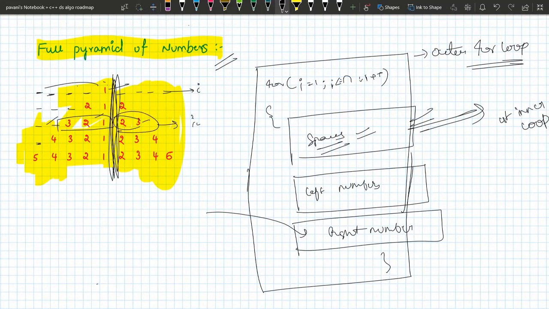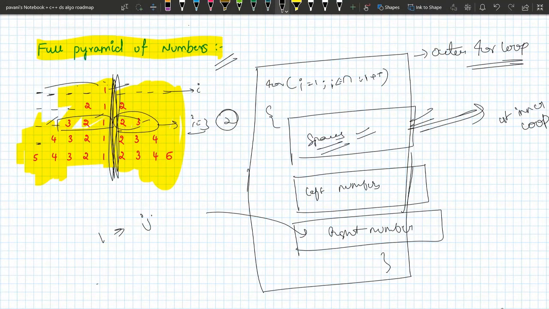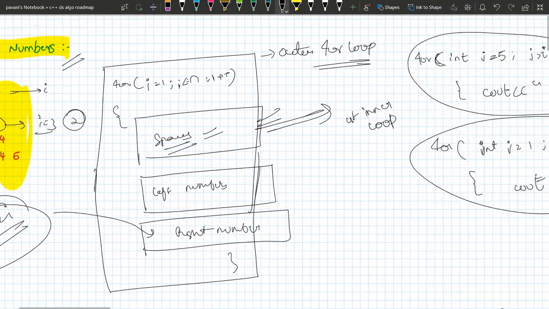For i equal to 3, j is undergoing 2 iterations. That means you should get that j is running from 1 to j less than i. I think you got that, because for i equal to 3, j is iterating only 2 times. That means j should be initialized with 1 and it should be less than i. I think you got that logic.